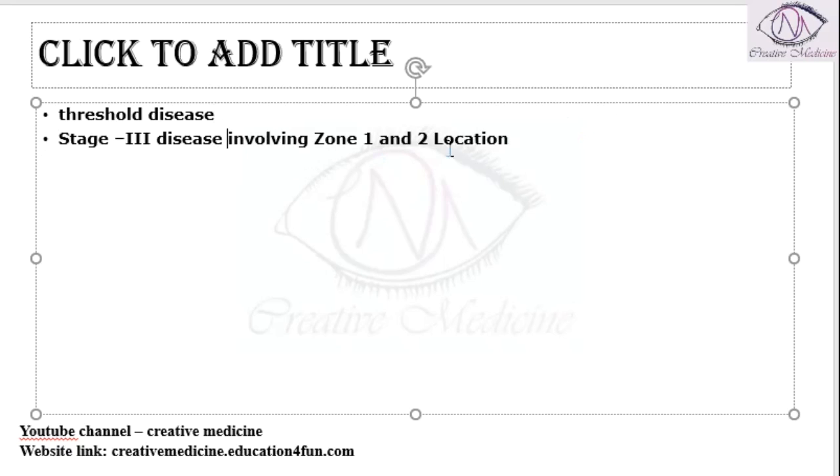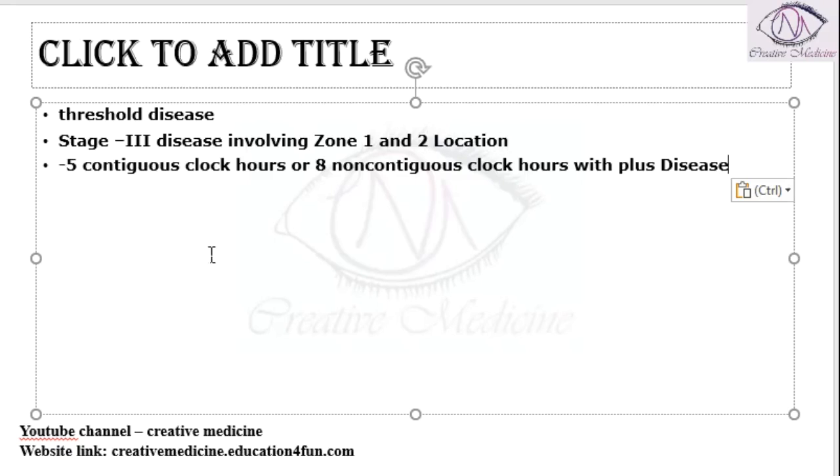Stage 3 disease involving zone 1 and zone 2 locations is also associated with 5 contiguous clock hours or 8 non-contiguous clock hours with plus disease.